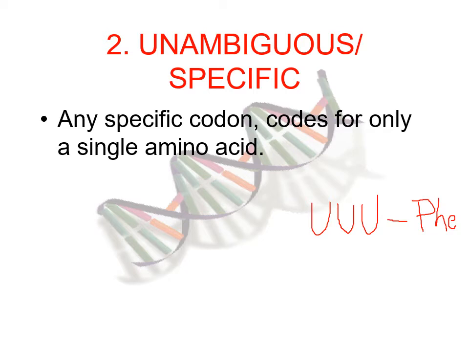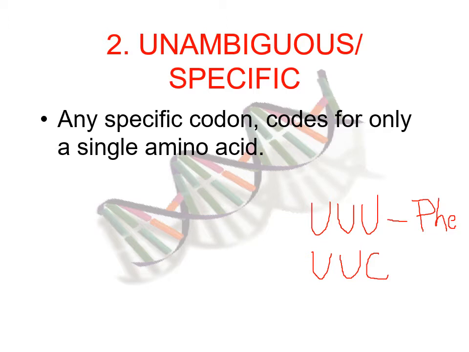Whereas phenylalanine can also be coded by another codon, that is UUC. So phenylalanine has two codons, UUU and UUC. This explains the degeneracy. That is, an amino acid can be coded by more than one codon. Whereas, what does unambiguous say?